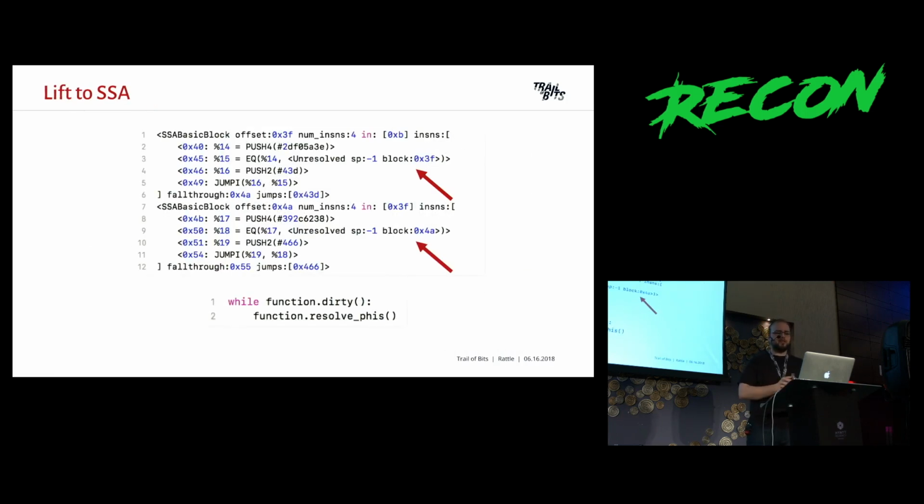To finish lifting this SSA form, I end up with this intermediate step where this is from a dispatch. I have these unresolved stack pointers and the blocks they're unresolved in, and to resolve them and to generate phi instructions.